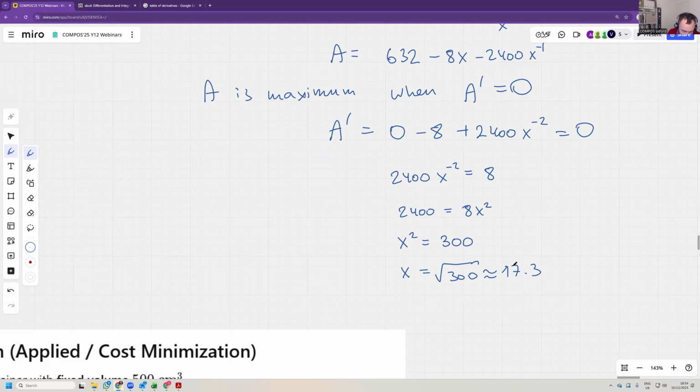Square root of 300 is 17.3, yes, centimeters. Right.